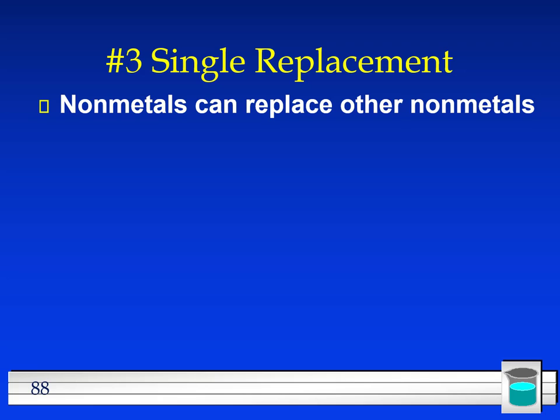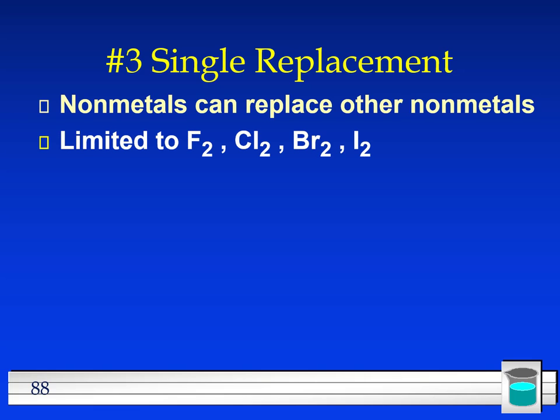Non-metals can replace non-metals, but we don't have as big a list this time. It's not every non-metal. There is a system. We're just not going to use it. We're going to limit ourselves to the halogens. I really don't have to give you an activity series for it.